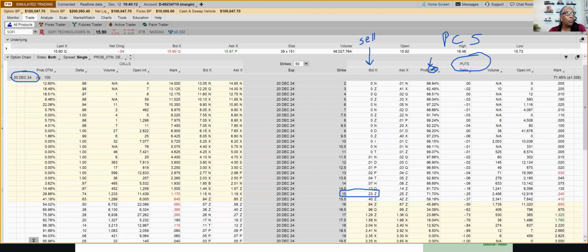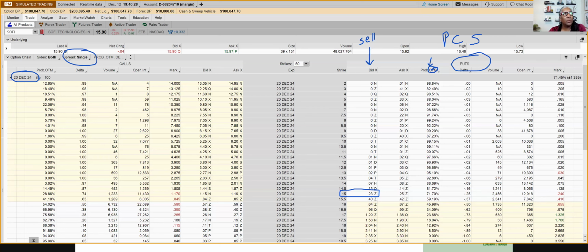It's below support, but now it's on single, and we don't need it on single. We need this on a vertical because we're doing a vertical. It works a little bit different on Robinhood. I'll talk through that here in a minute.